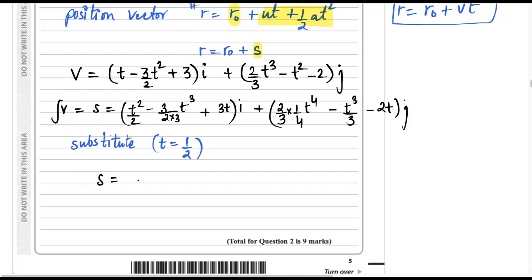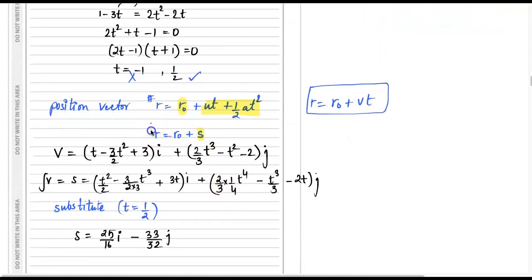The i value I'm getting is 25 over 16 i, and the j value, are we getting minus 33 over 32 j. This is s. What we need to do, we just need to plug all the values here in this equation, and that would be our answer.